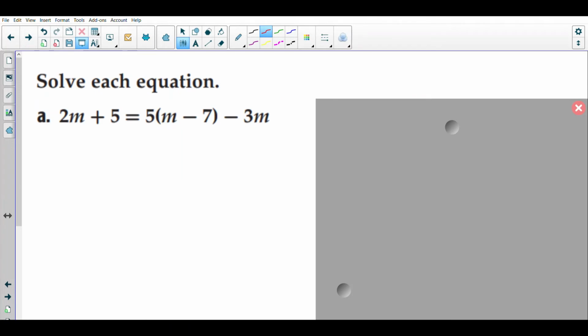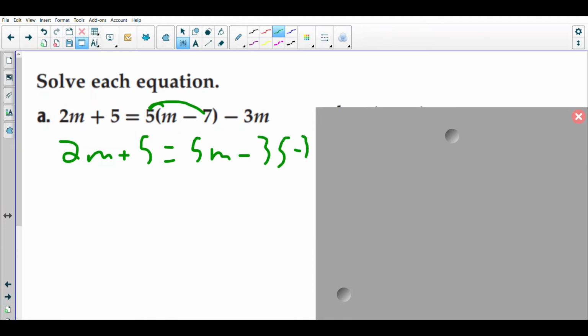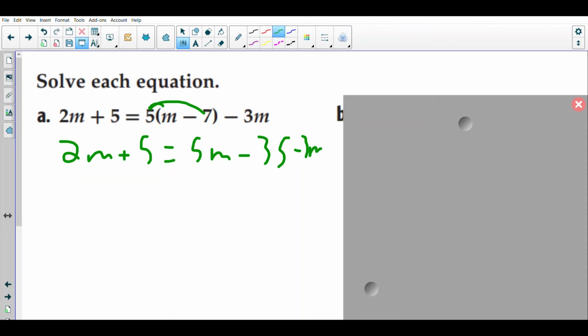We have 2m plus 5 is equal to 5m minus 7 minus 3m. So on the right side, I need to simplify. So I get 2m plus 5 is equal to 5m minus 35 minus 3m. Then combine like terms on the right side.